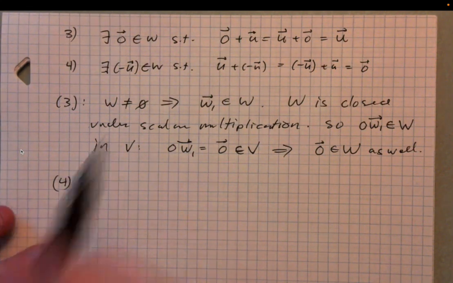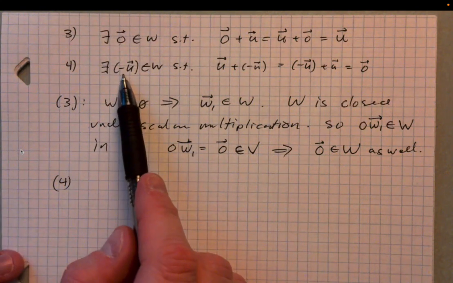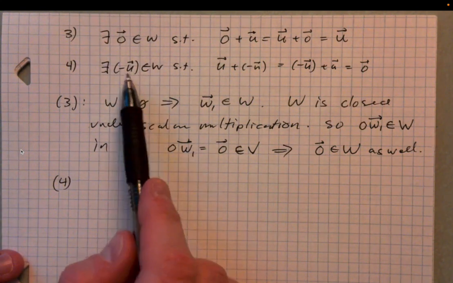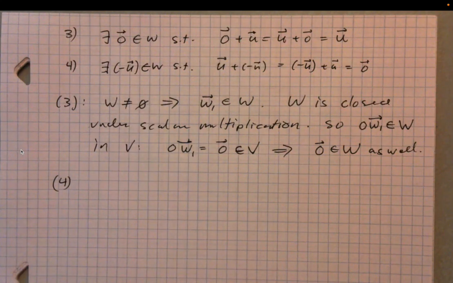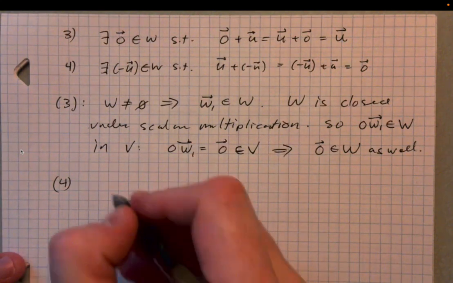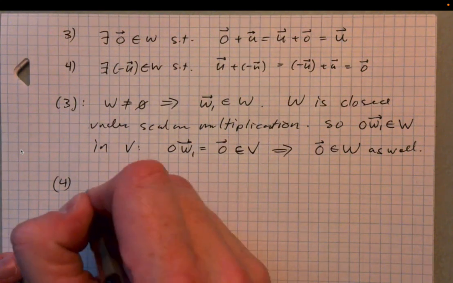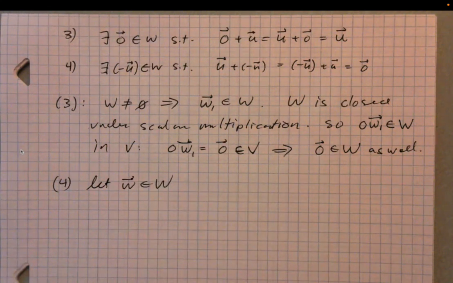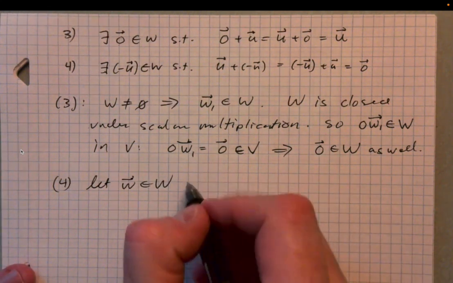For this one, we're trying to show that for any arbitrary vector in W, its additive inverse must be there as well, and that must be true if W is a vector space. So let little w, the vector, be in the set W. What do we know?